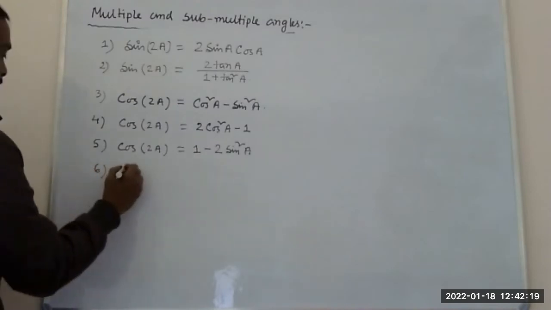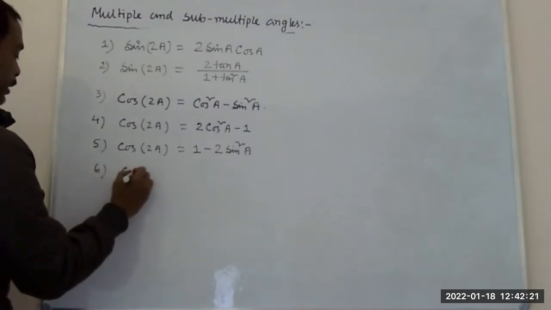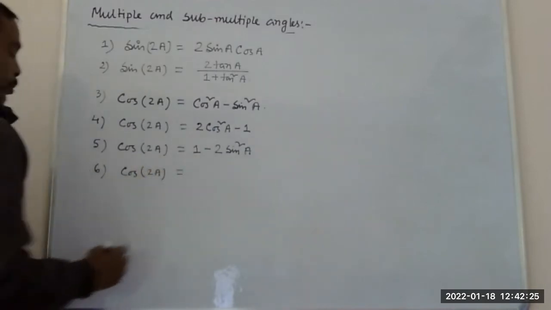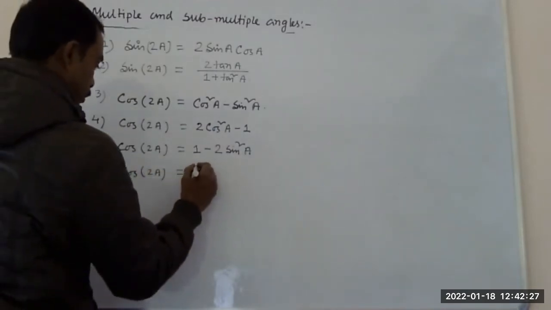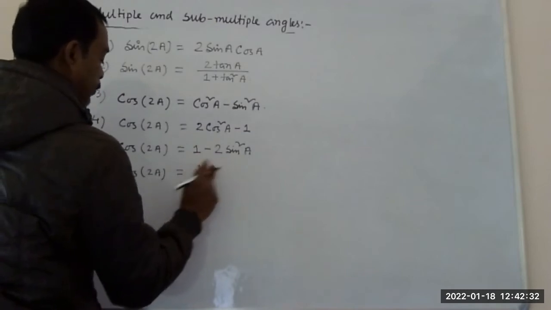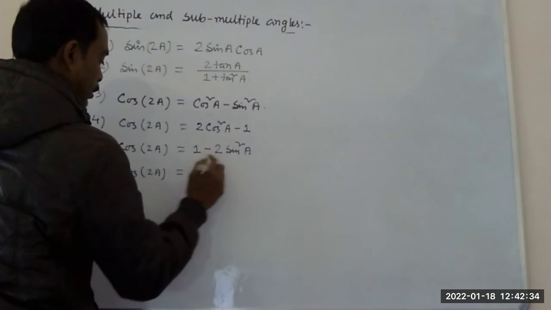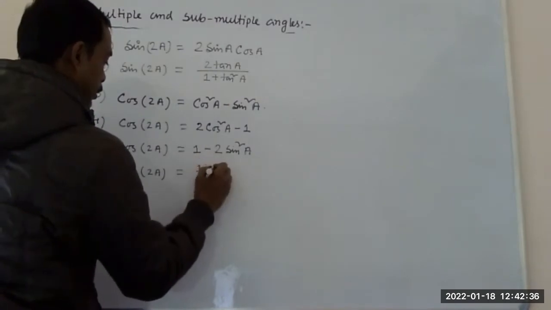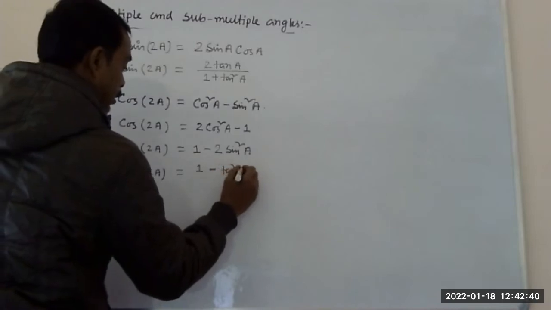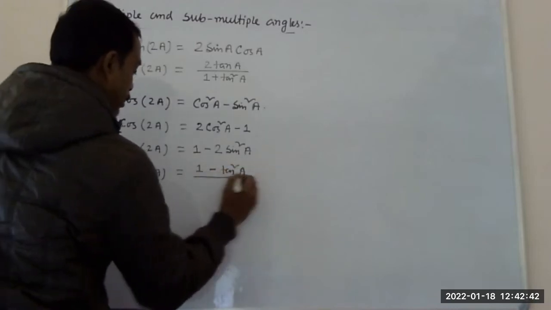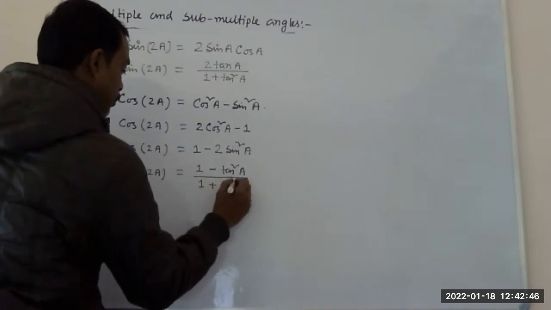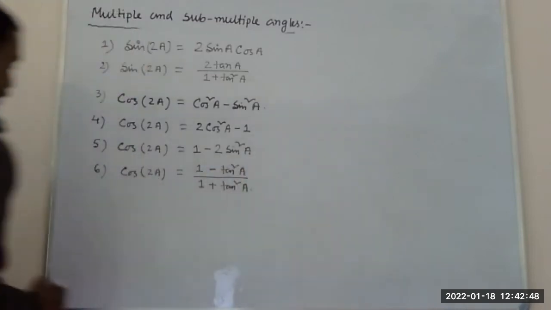Again, in terms of tan, you can write that cos 2a is equal to 1 minus tan square a divided by 1 plus tan square a.